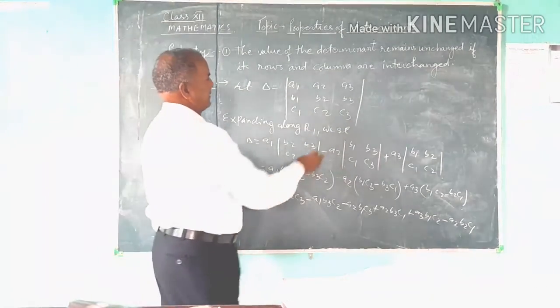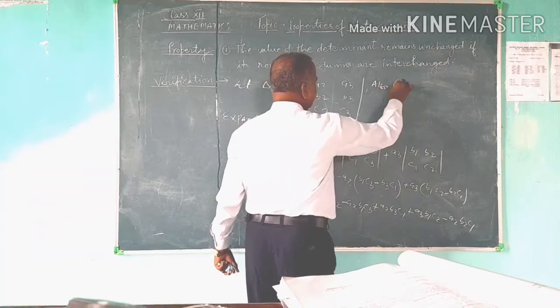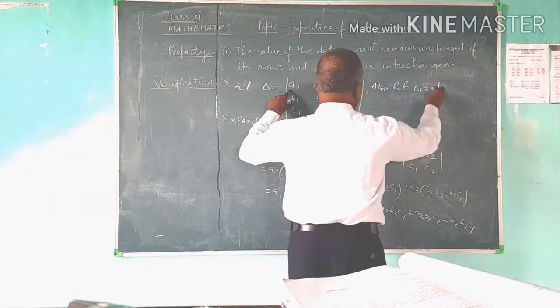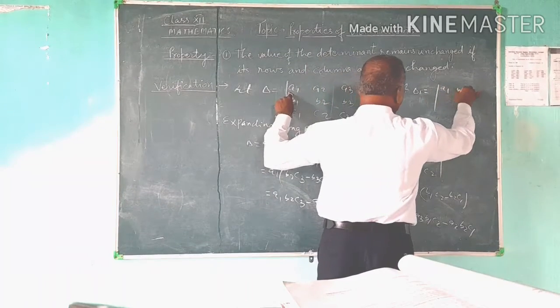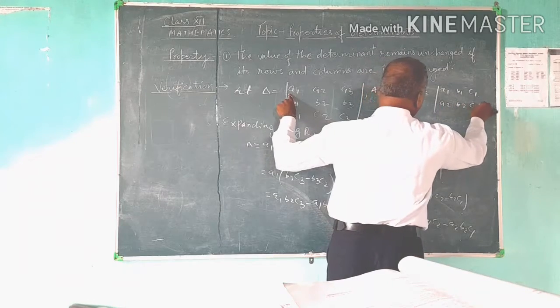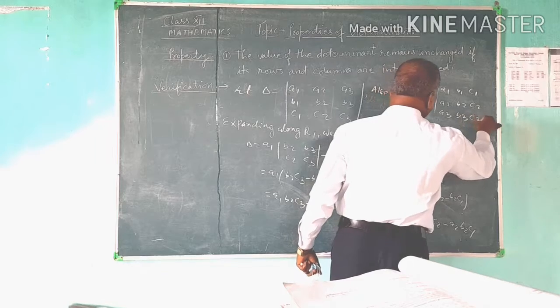Also, let delta 1 be equal to the determinant with rows A1, B1, C1; A2, B2, C2; A3, B3, C3, with rows and columns interchanged.